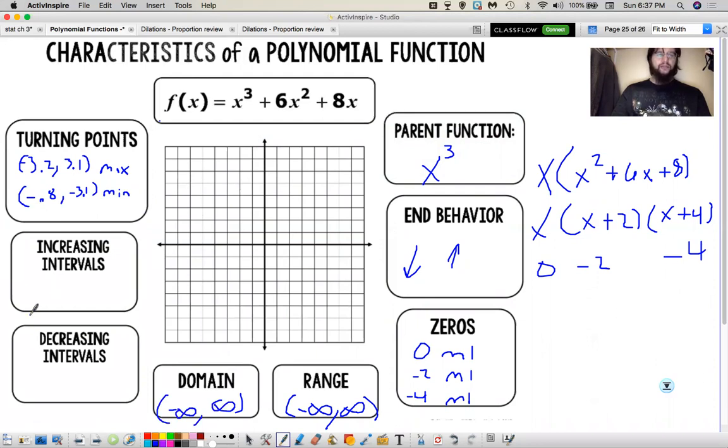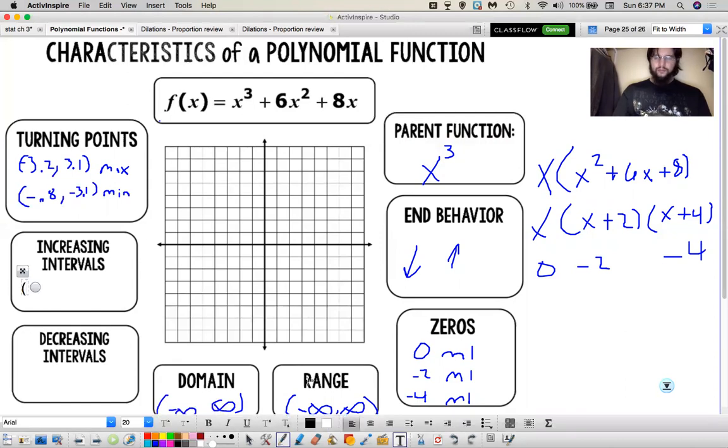So from -infinity, I'm looking at my end behavior here, from -infinity until my first turning point, -3.2, it was going up, it was increasing. And infinity symbol.